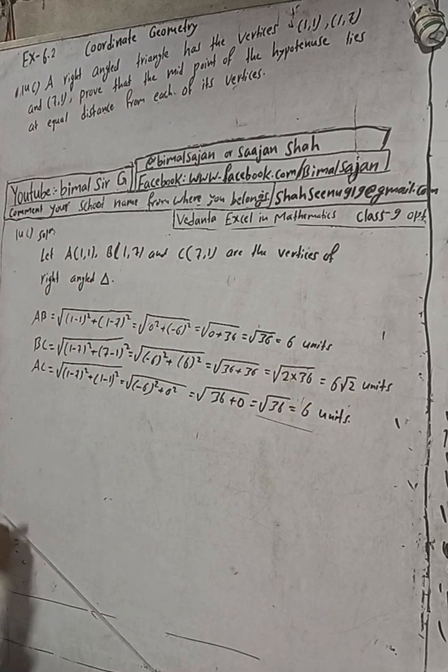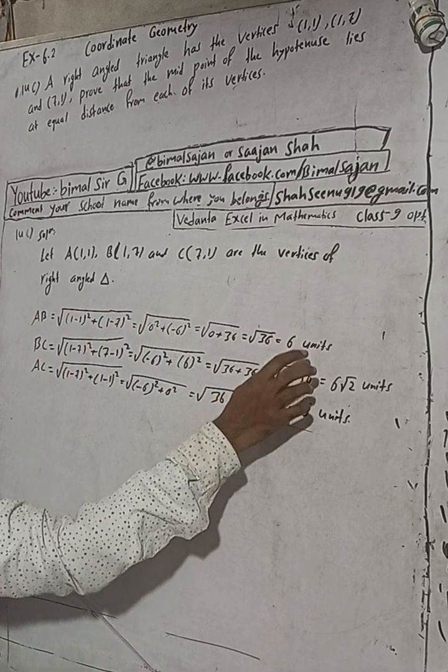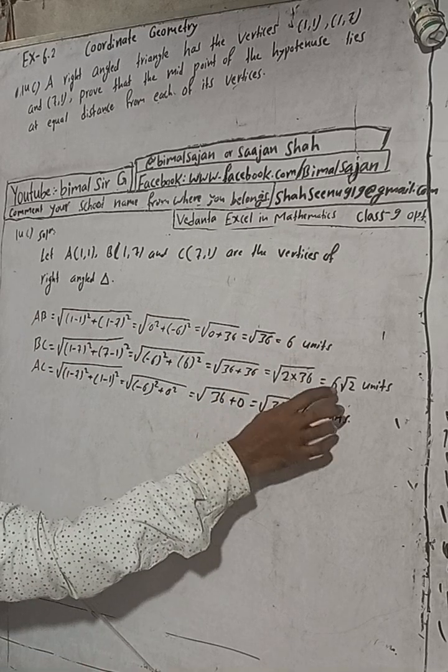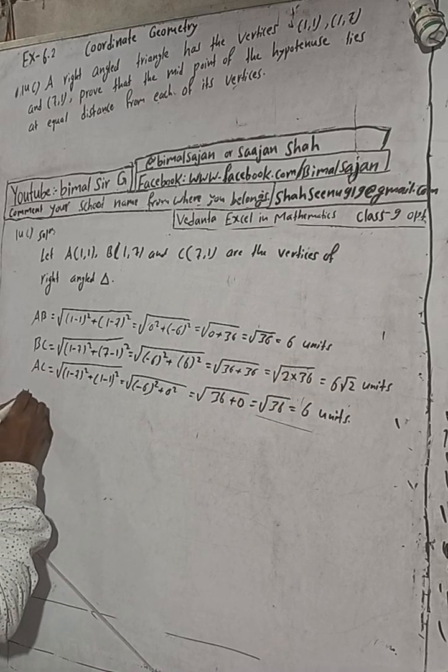And since the question tells that these are the points of the right angle triangle, which is the longest side? BC is the longest here.